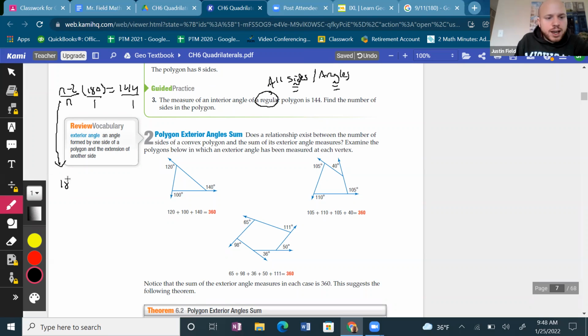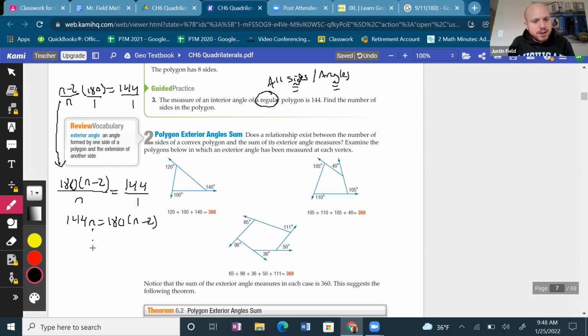And it'd be 180 times n minus 2, all over n, equals 144 over 1, and then just cross multiply, 144n equals 180 times n minus 2, and distribute, and you can take it from there. Dot, dot, dot. Y'all are geometry students. Okay.